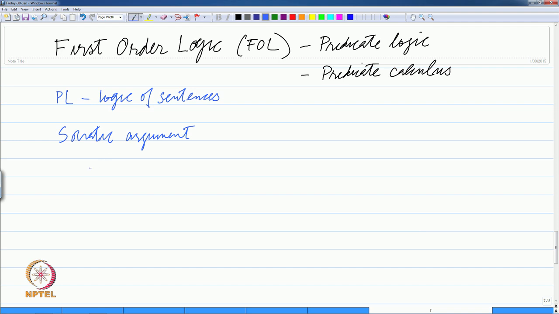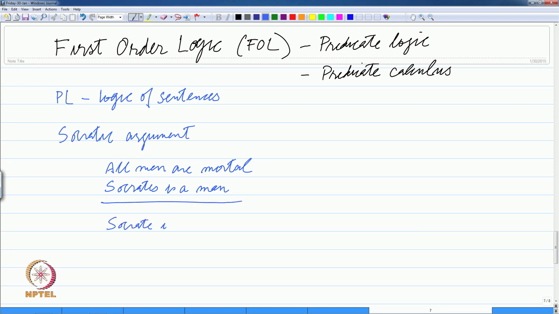Essentially we said that if you are given a sentence like all men are mortal, and if you are given another sentence which says that Socrates is a man, then we should be able to infer that Socrates is mortal. This form of reasoning we said was the syllogism, one of the 16 or 19, I do not remember, syllogisms which the Greeks had specified.